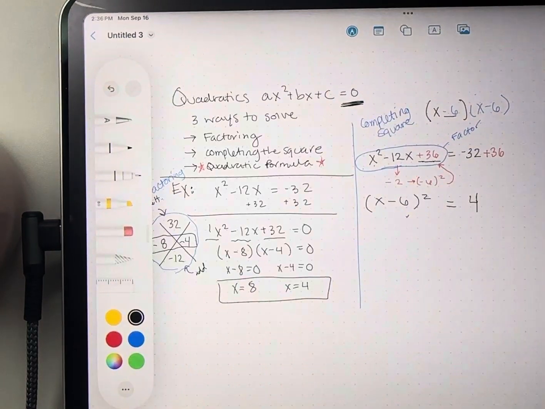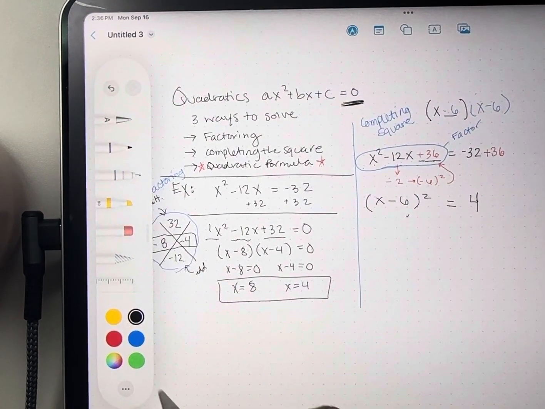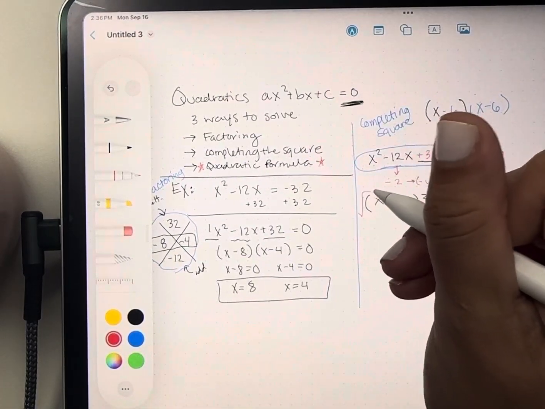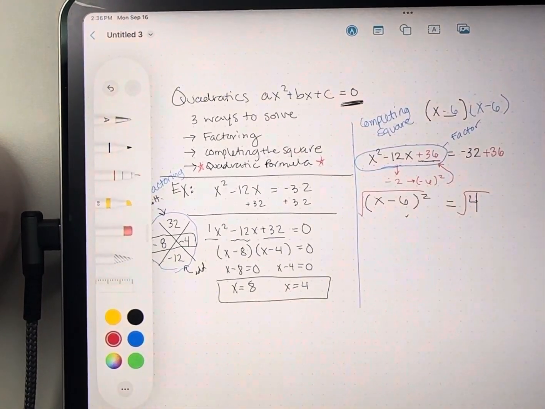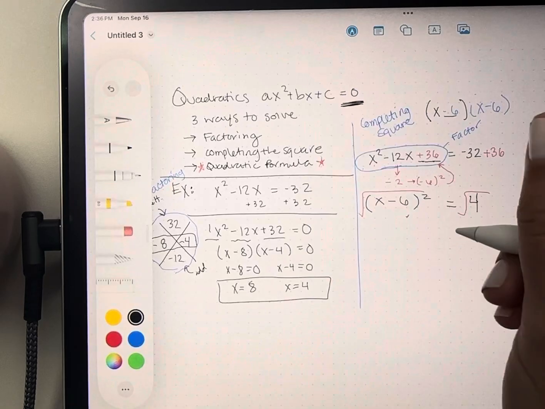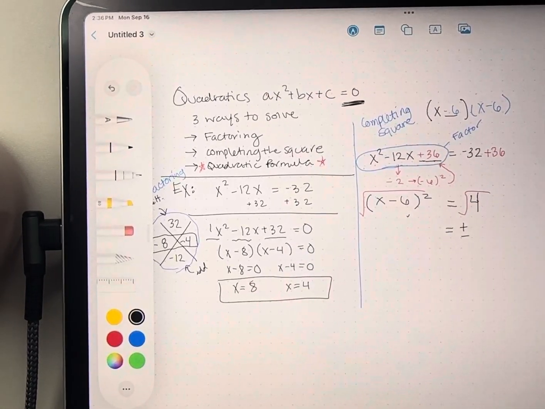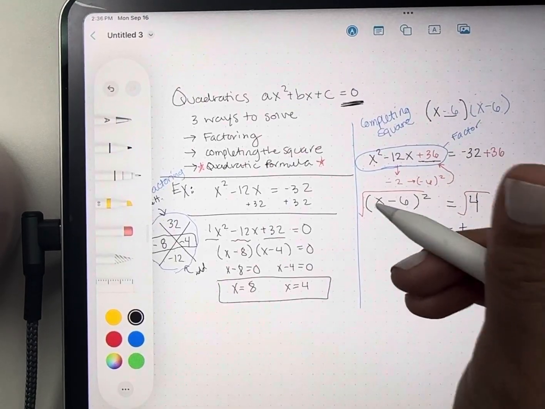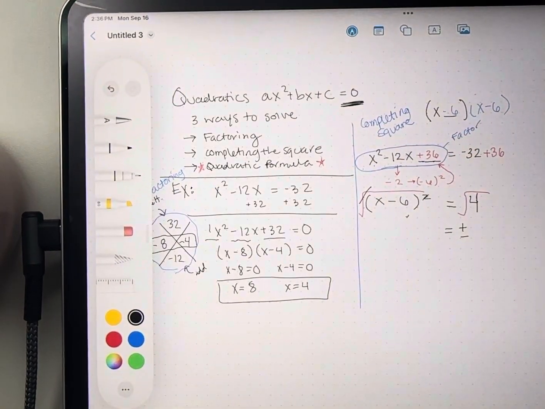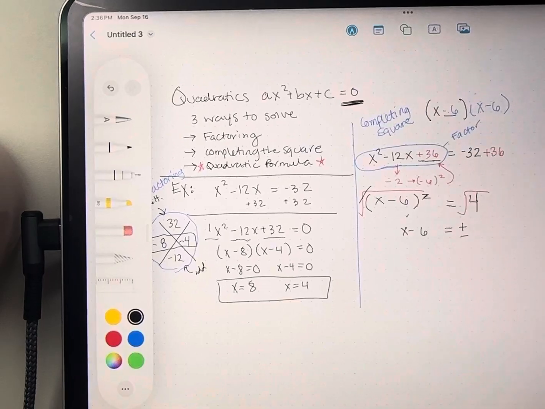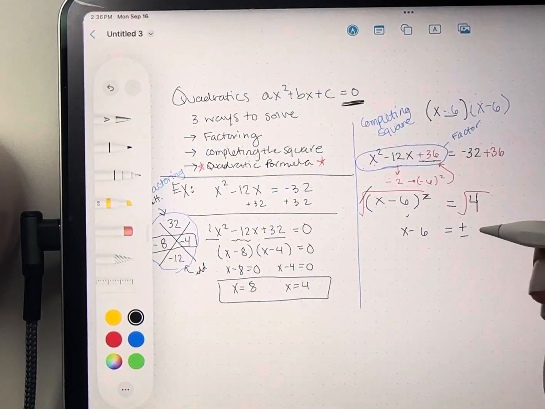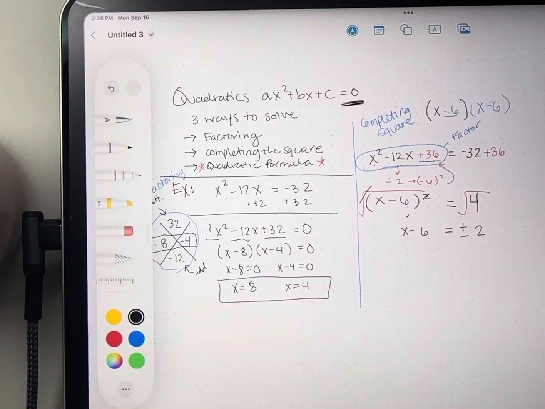It'll become 4. Okay? And now I can just square root both sides. Don't forget the alarm. When you square root both sides, you end up with a plus or minus. Okay? On this side, the radical and the square just cancel out, and I get x minus 6. And then on this side, the square root of 4, that's 2.